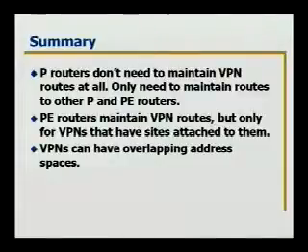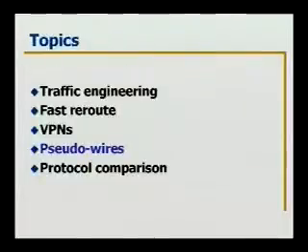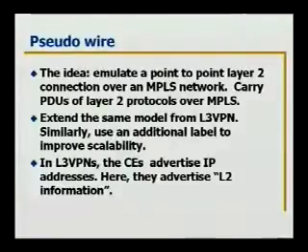Okay. So now, can I take this same concept and expand it from layer 3 to layer 2? There's nothing in the model that I showed so far that would prevent me from doing it. In the L3 VPN model, I had the remote PEs advertise IP addresses and VPN labels.